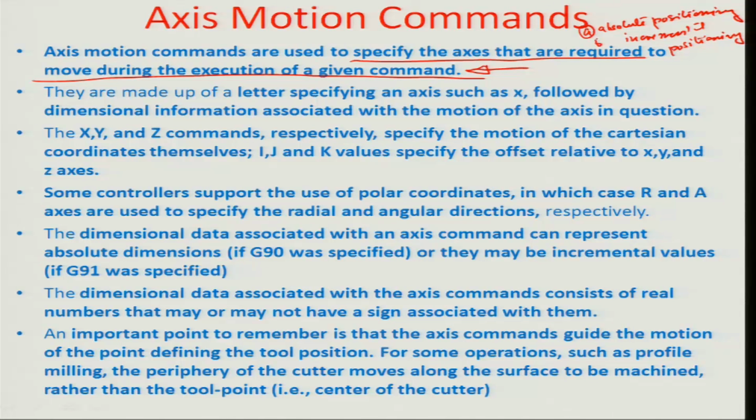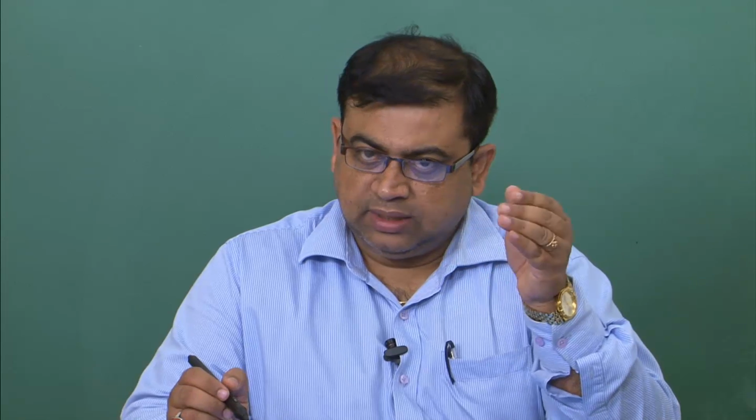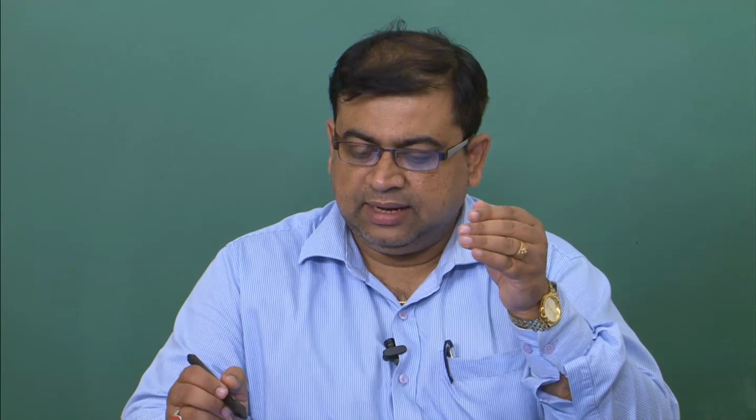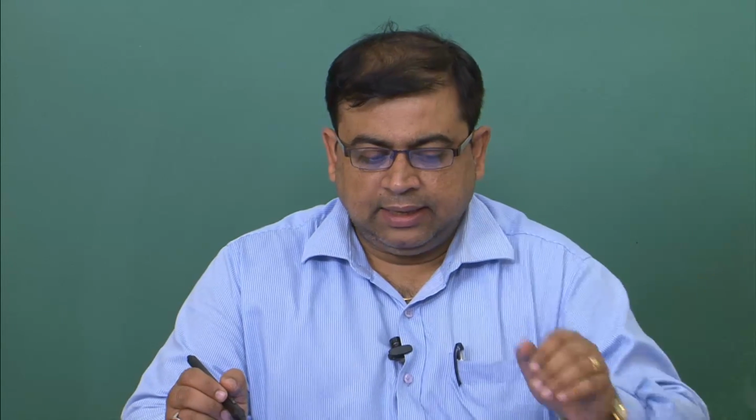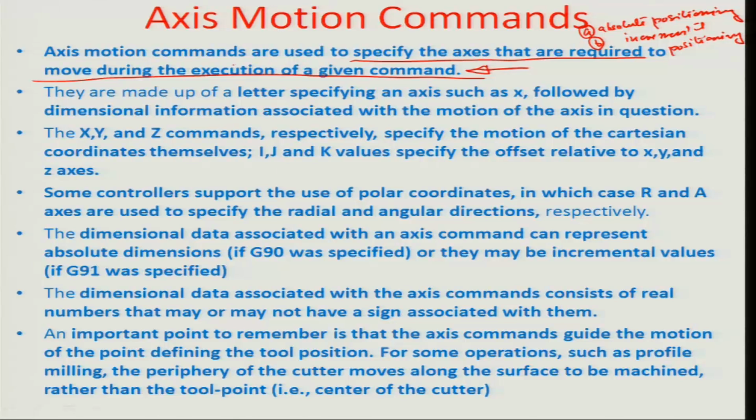The absolute and the incremental positioning is totally based on whether you're reading with reference to the origin, or you are going from one point that you have already reached to the next point in the array of motion. During the execution of the given command, it is the stepper motors which operate and the axes start to get traversed.